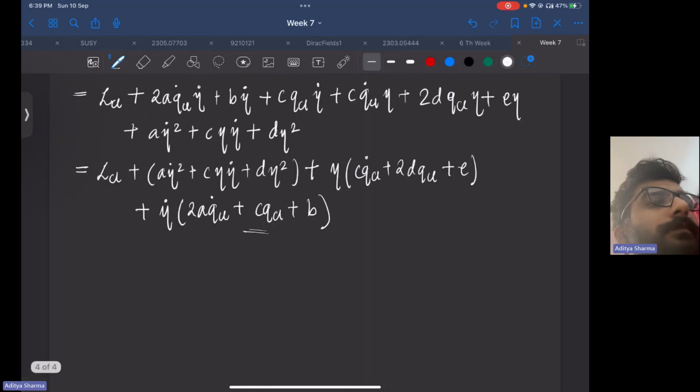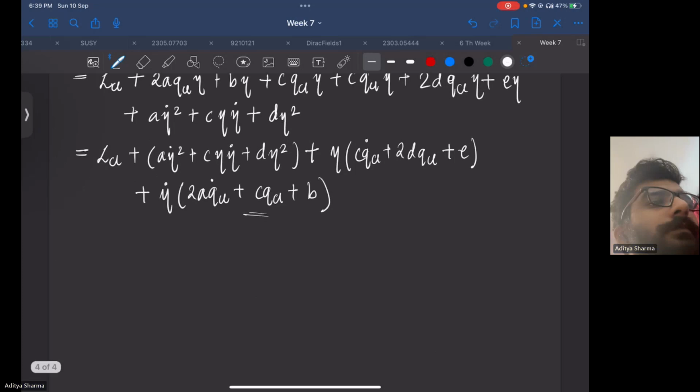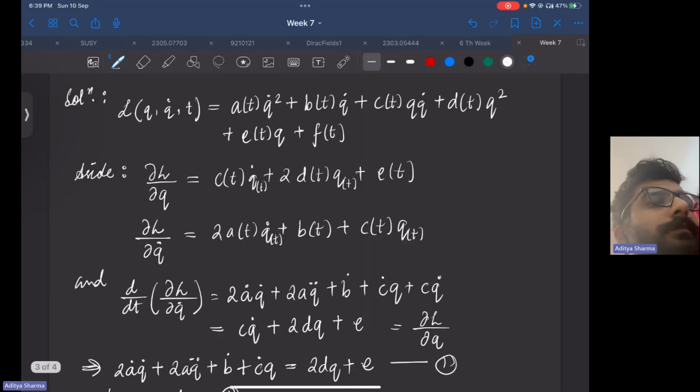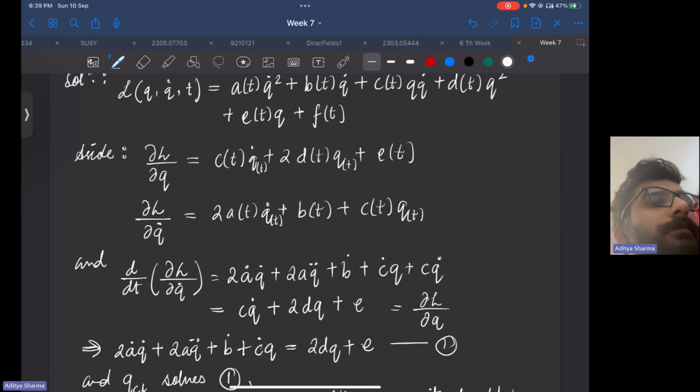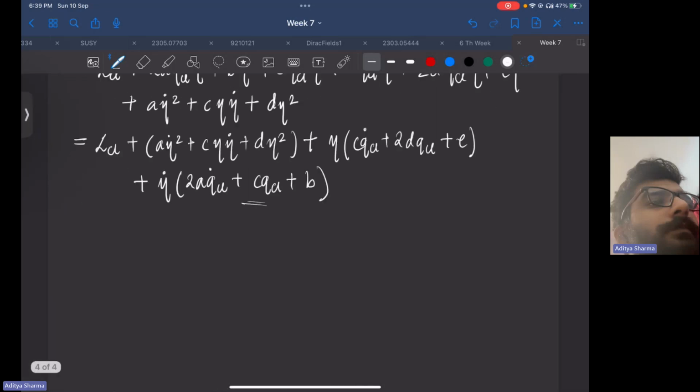So c q dot plus 2D q plus e. We are going to write that as dou L by dou q, and we get this, right?